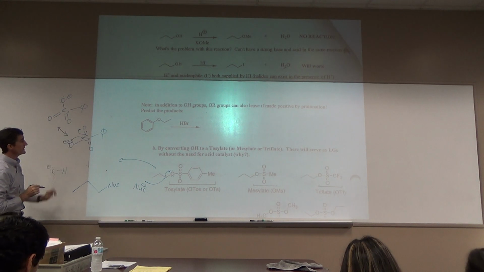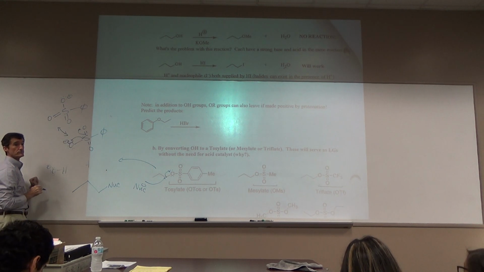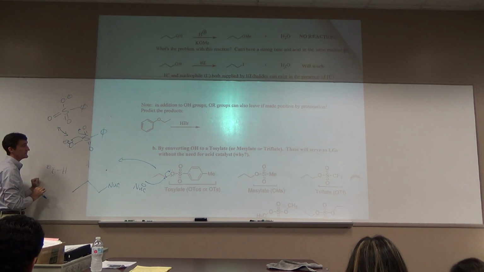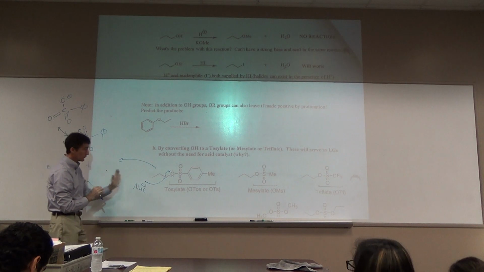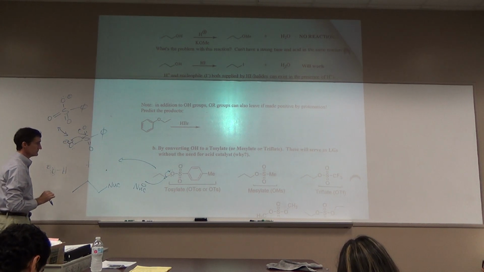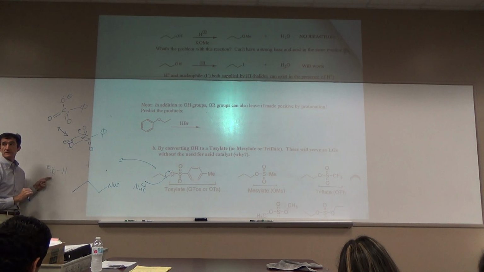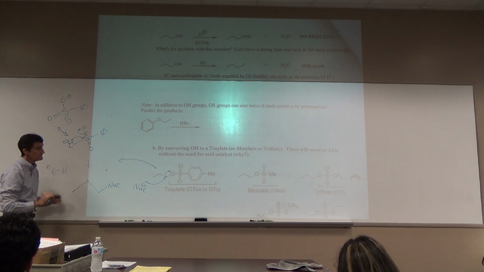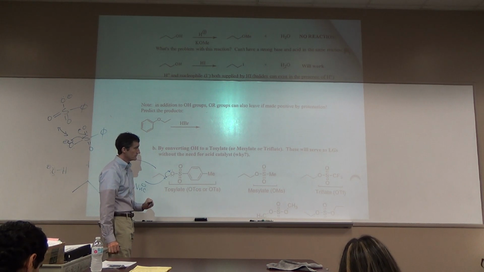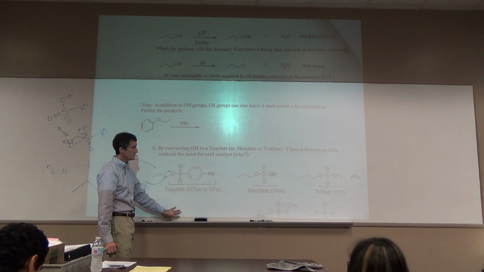Yes. It's a resonance stabilized anion. It's more stable. It's actually more willing to leave. You do not have to protonate this oxygen. This would not be resonance stabilized. That's a tosylate. We'll see how to make tosylates below.